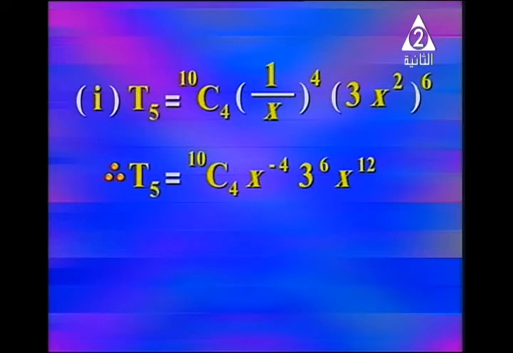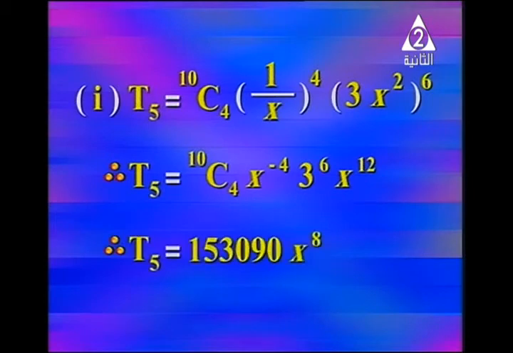Then by using a calculator, find 10C4 multiplied by 3 to the power 6. T5 equals what? 153,090 x to the power 8. This is the fifth term. The ninth term, T9, equals 10C8, second term to the power 8, first term to the power 10 minus 8 equals 2.